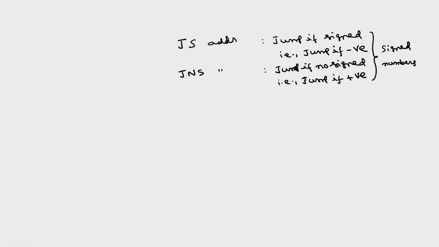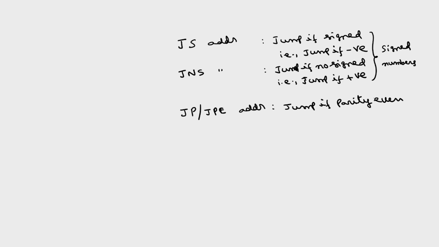So, what are the other flags we have? The parity flag. The instructions are jump if parity or jump if parity even, both are the same, address. This first JP stands for jump if parity.